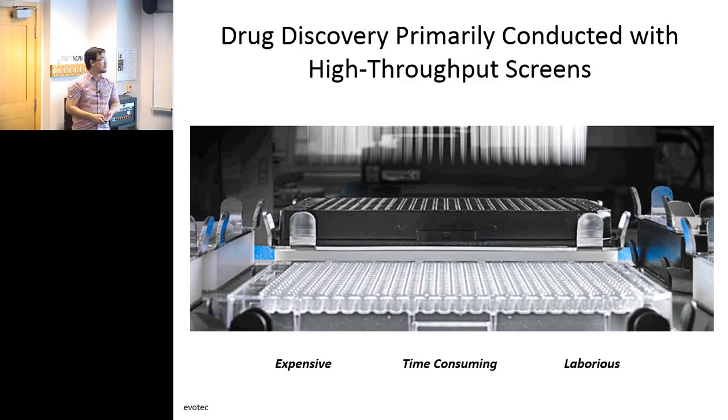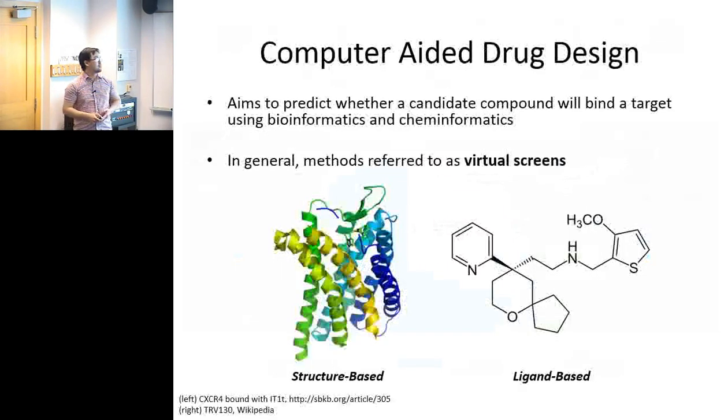So there have been methods developed recently that have tried to address these drawbacks as a complementary parallel approach, which is known as computer-aided drug design, CAD. This method essentially aims to predict whether a candidate compound will interact with your receptor structure or target in general in any way.